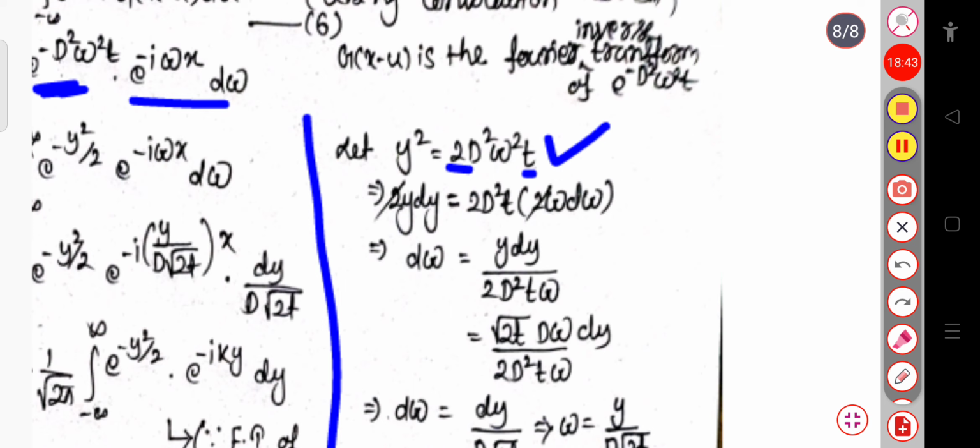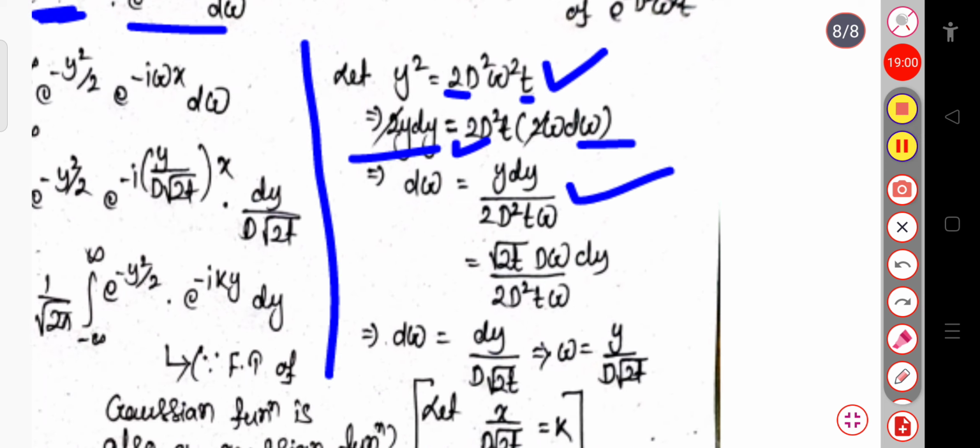This 2 gets cancelled. Now this d omega will be equal to y dy divided by d square t omega. Now here, in place of y, what can I write? This is the root over of this much.